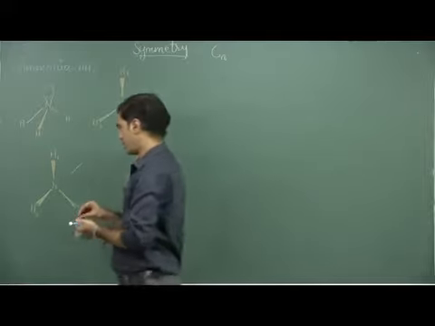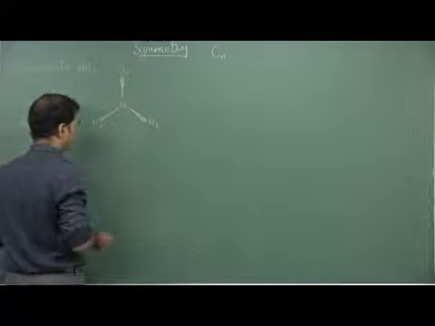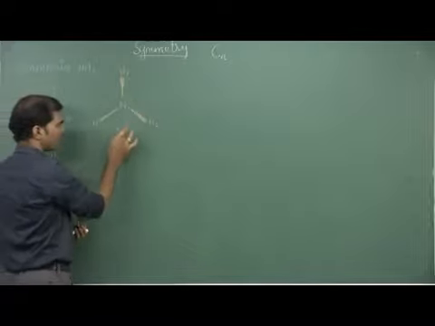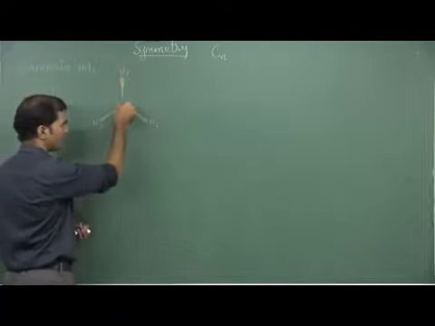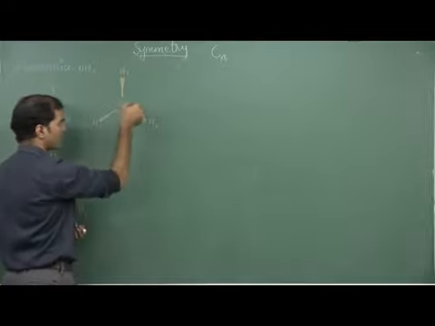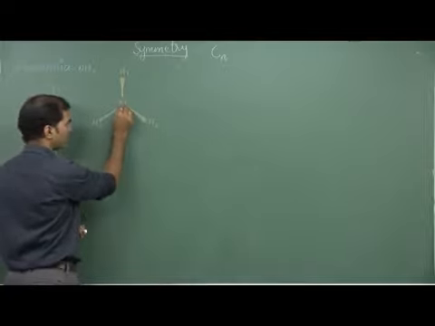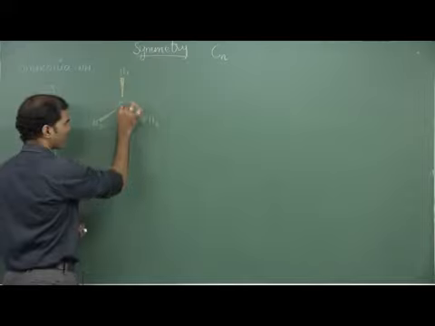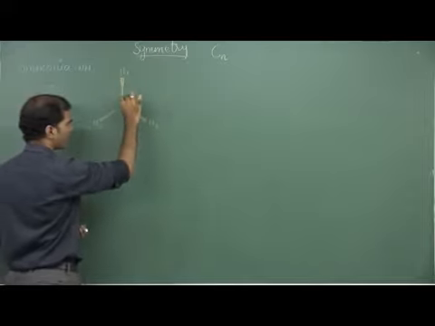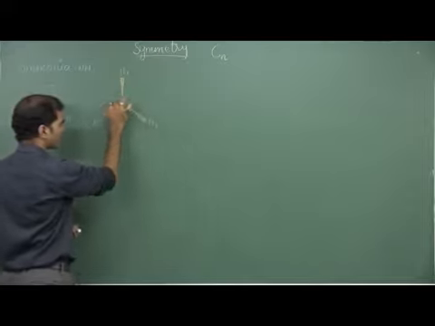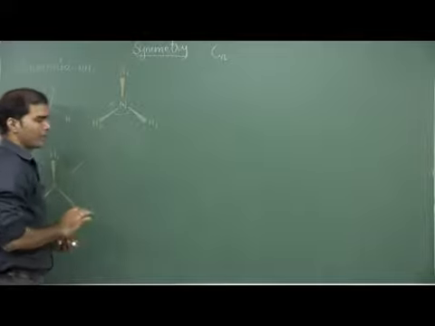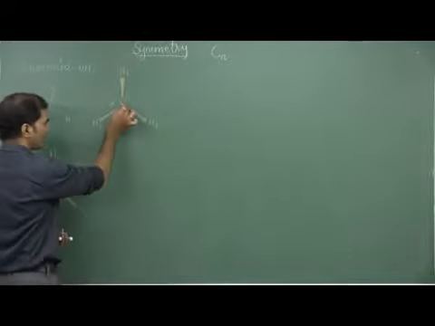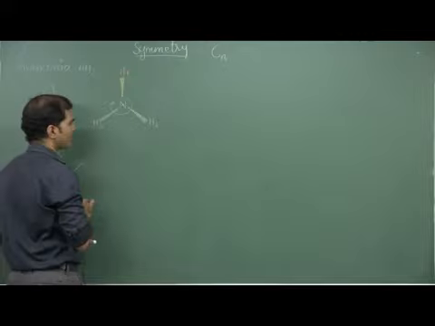For this reason, if I want to show the rotational axis in ammonia where the 3 hydrogens are facing towards you, I simply have to put a point, and around this point we are doing the operation called rotation. This is how we represent the rotational axis if it is pointing towards you.